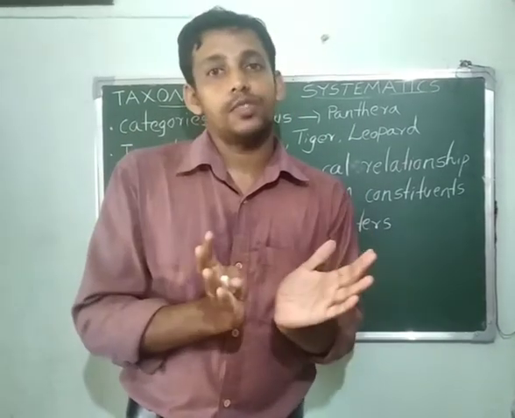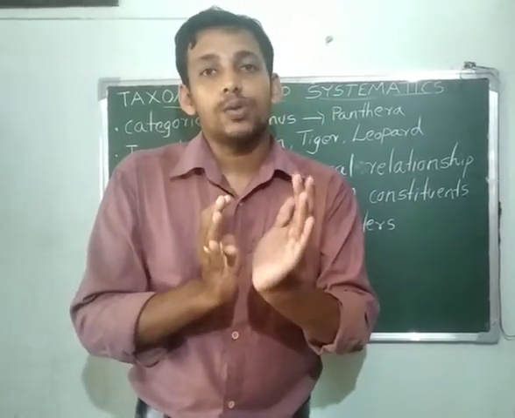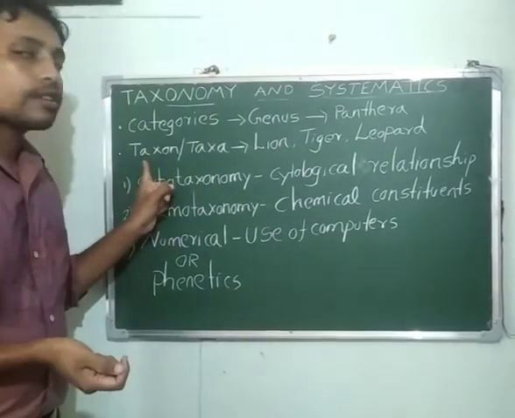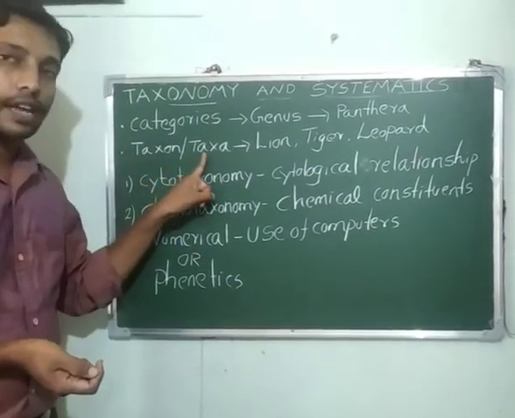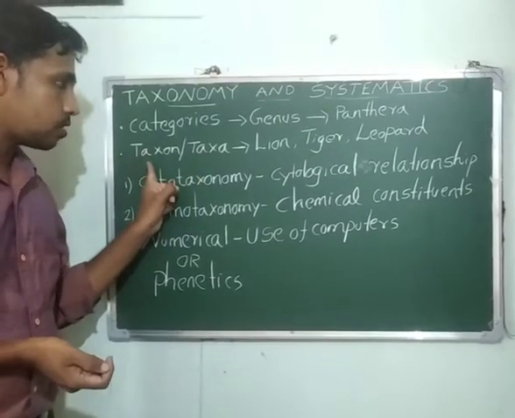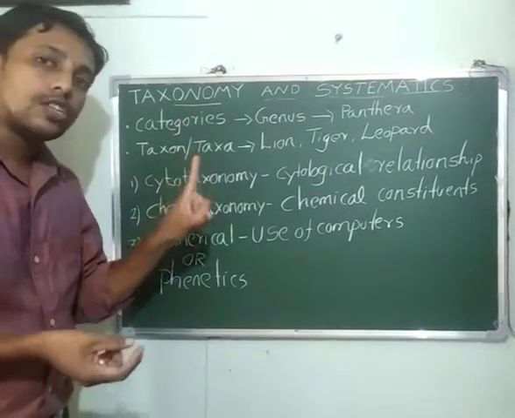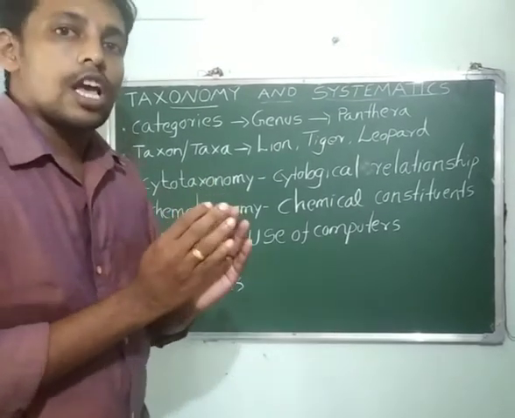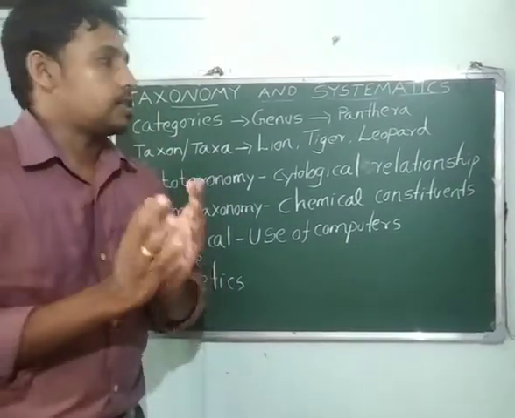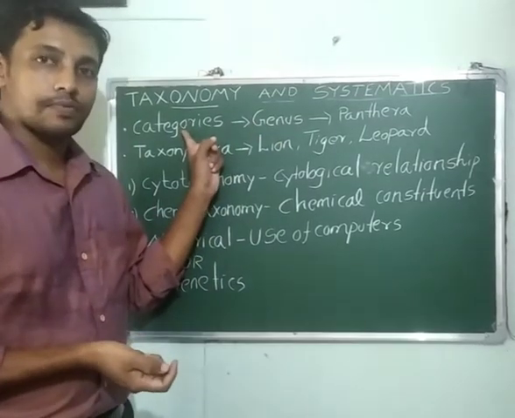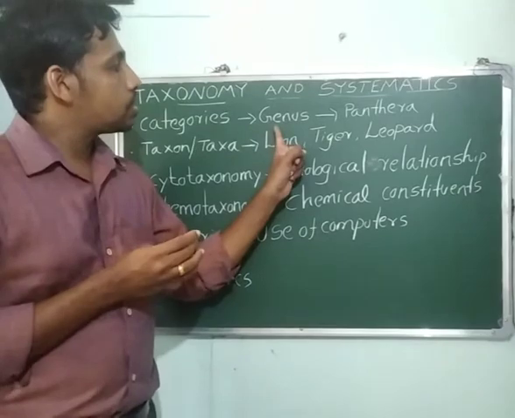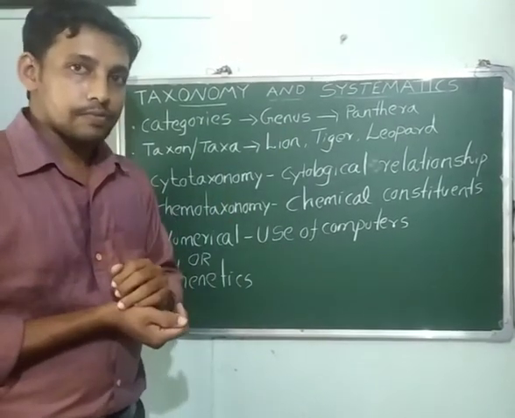We have a term to describe these actual objects. This is known as taxon. The plural is taxa. So taxon is a term used to represent the actual biological objects in the category. I will give you one example. Genus is a category.